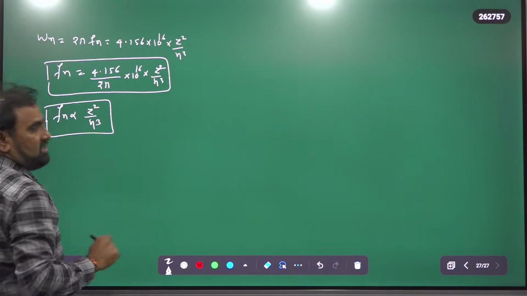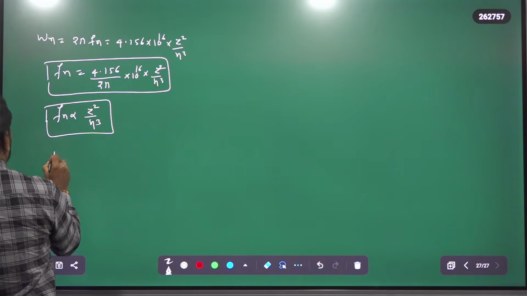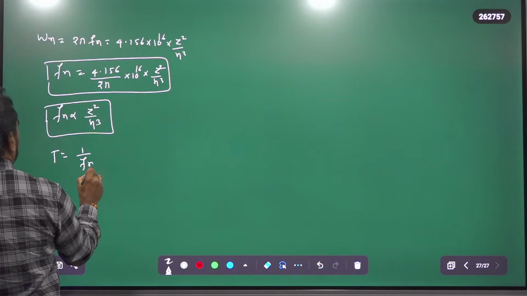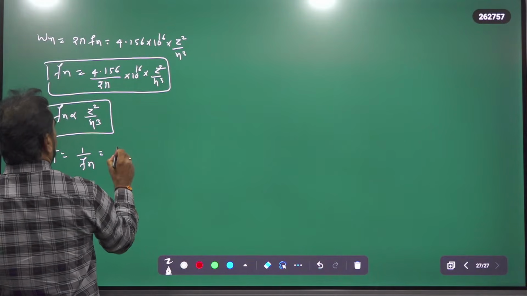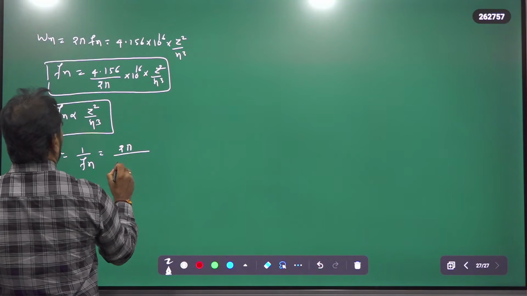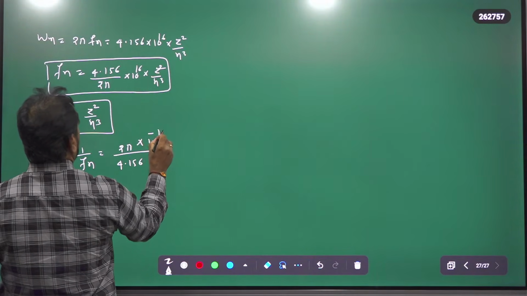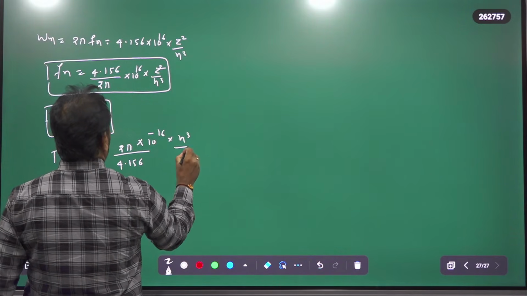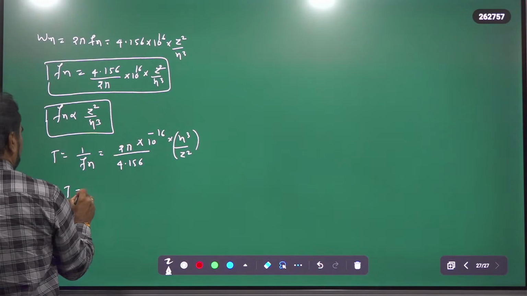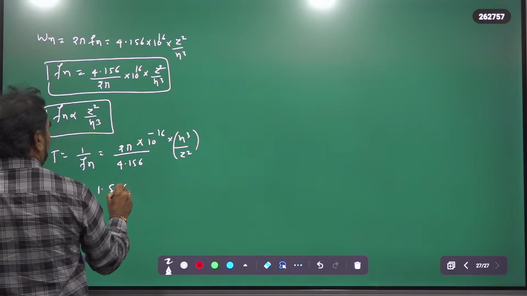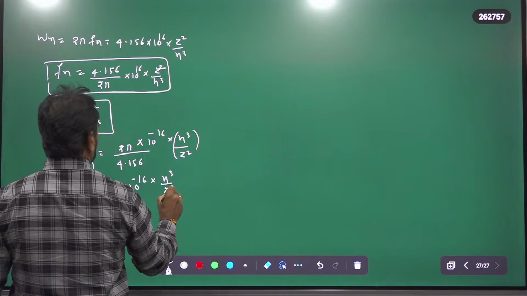Next, the period of rotation, the time period. T is equal to 1 upon Fn, which is the reciprocal, that is 2 pi upon 4.156 into 10 to the power of 16 into n cube upon z square. So T is equal to 1.5 into 10 to the power of minus 16 into n cube upon z square.